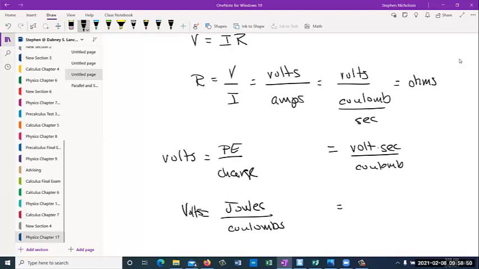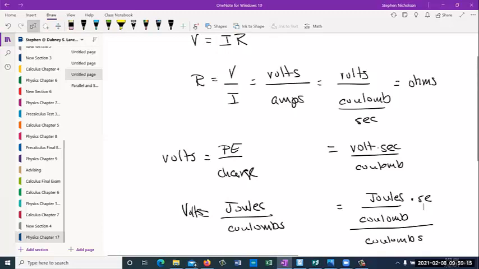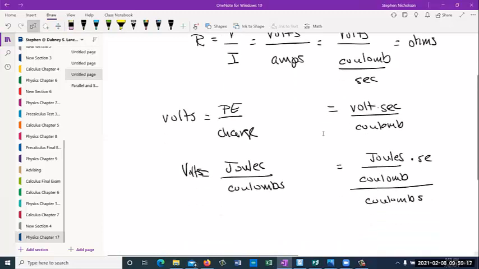If you stick in voltage being joules per coulomb, divided by coulombs, and then you multiply by seconds, you'd end up with joule seconds per coulomb squared.